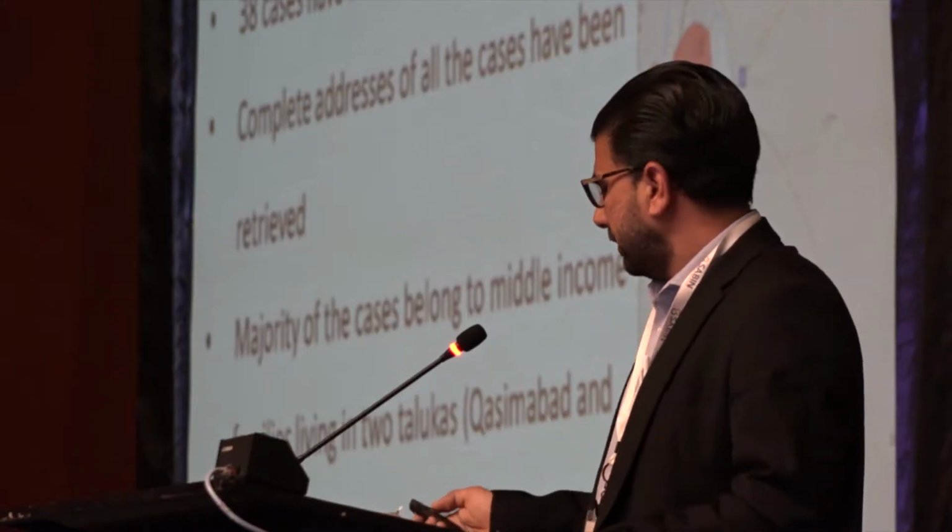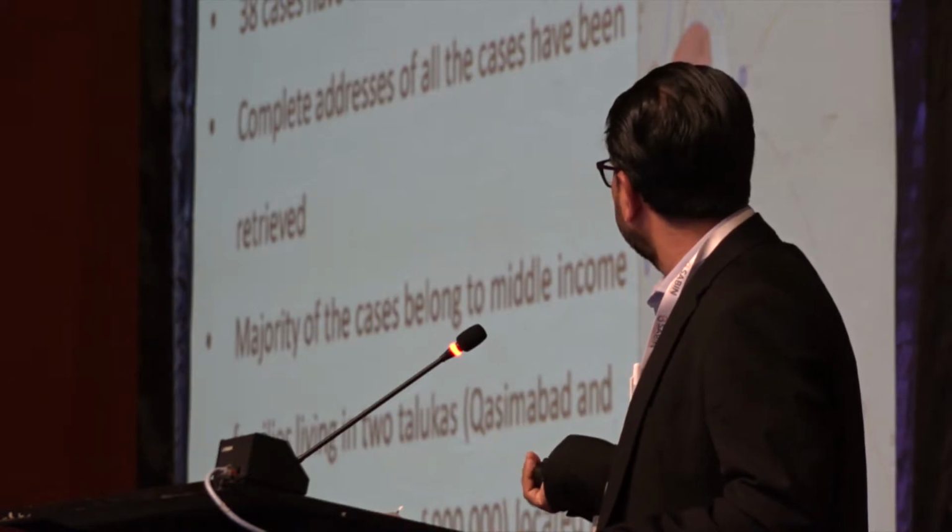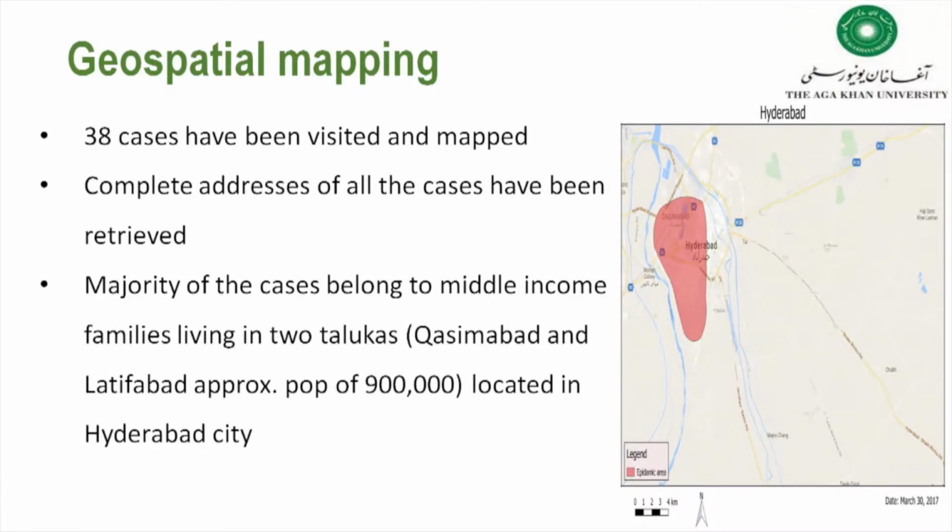And here you can see in the map the pink area. So the majority of the cases are from these areas, and these are actually two talukas of Hyderabad. So most of these 113 cases are living in this area, not only these 38, but all 113.